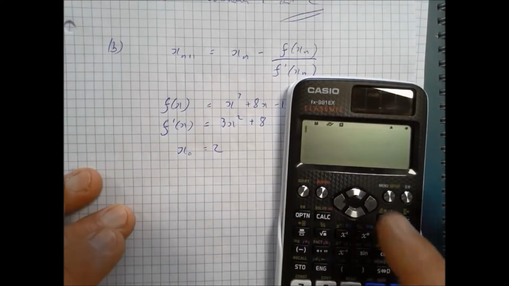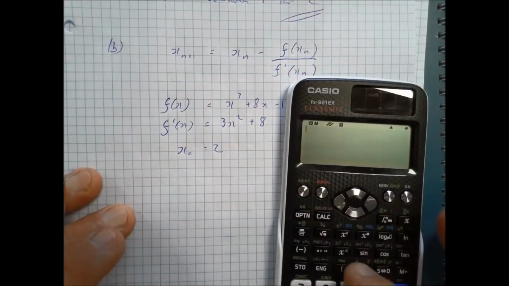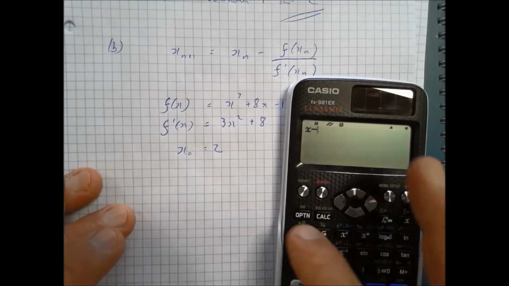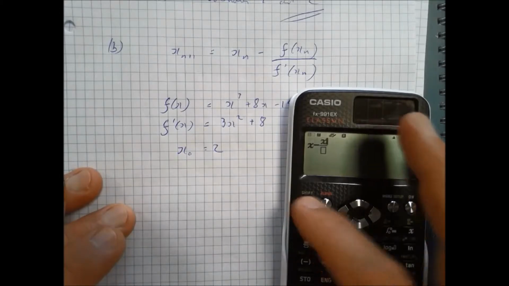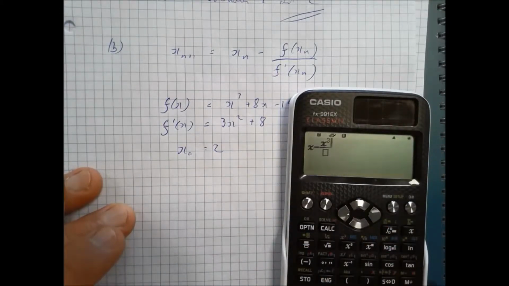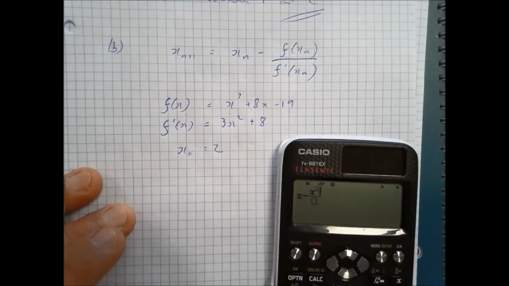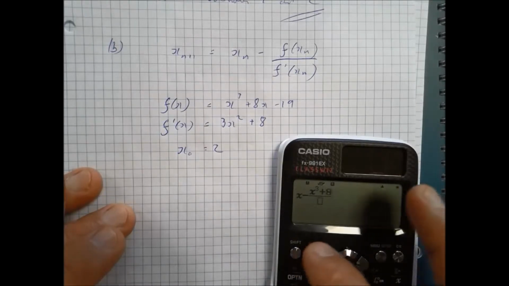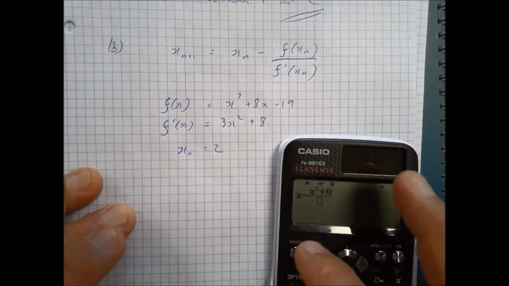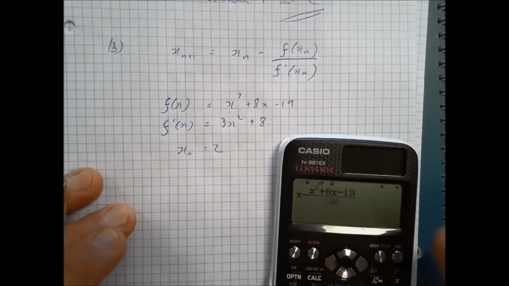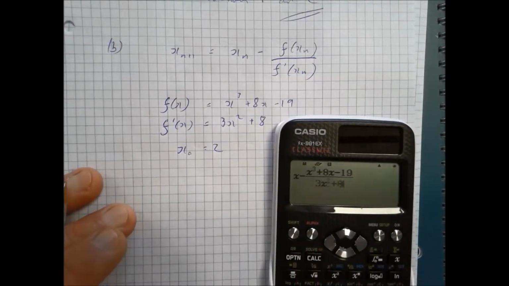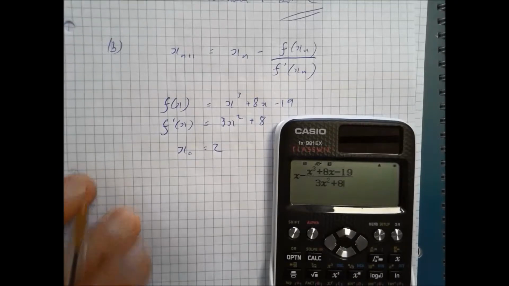Okay, you can put the formula in now, which is going to be x minus brackets x cubed plus 8x minus 19 all over 3x squared plus 8.